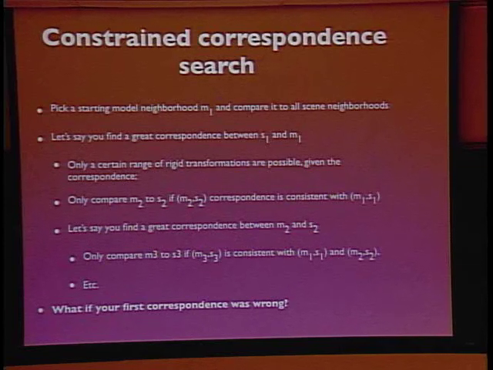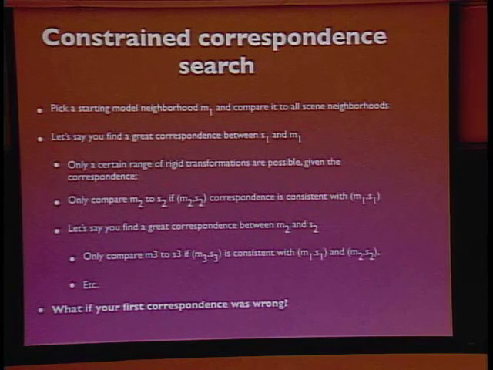Then you only compare the next model signature to any scene signature if that correspondence is consistent with the first one. Going forward with that analogy, if I have decided that the thumb corresponds with the thumb, and my next point is the tip of my index finger, I am really only going to consider points on the right hand that are within the sphere of travel of the tip of my left index finger.